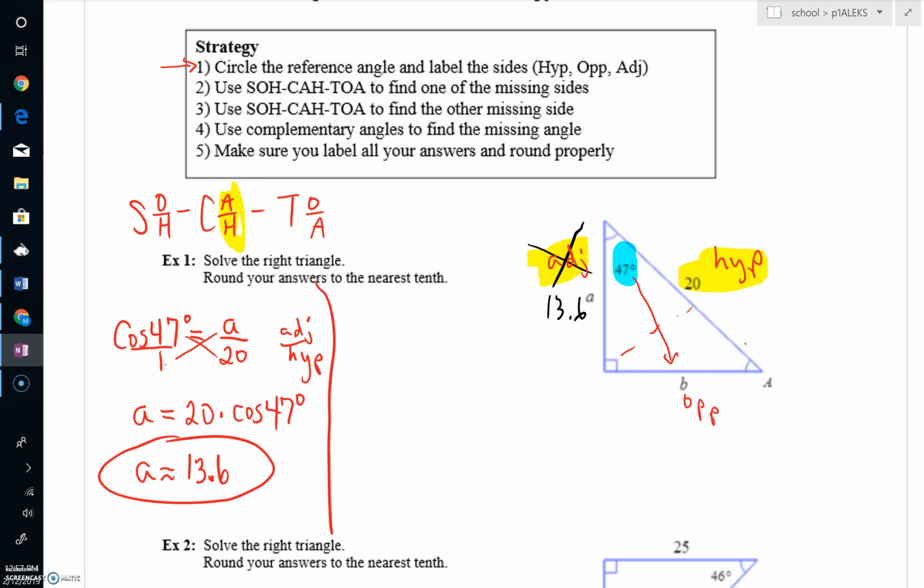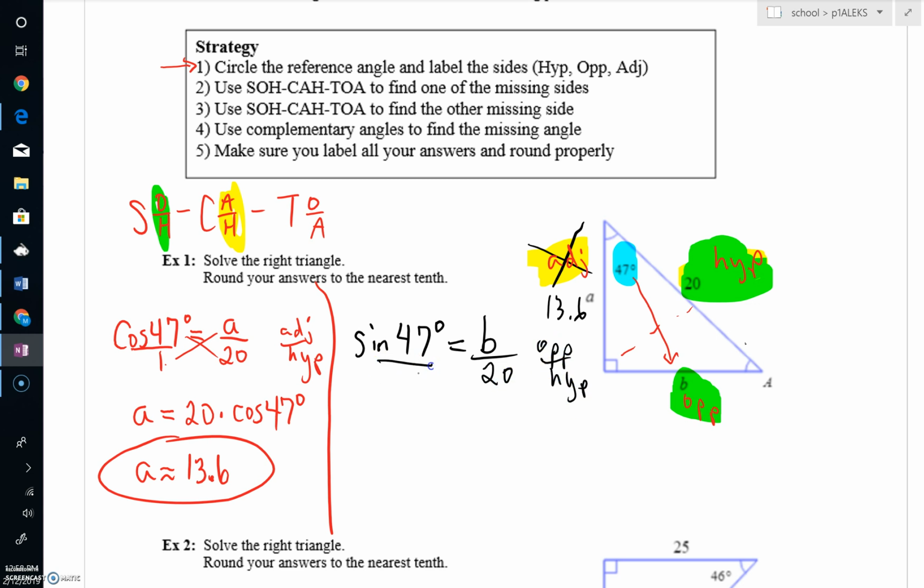Now I'd like for us to come back and find the other side, the opposite side, B. And if we're working with this other side right here and the hypotenuse, we have O and we have H. Well, O and H are right here. That's for sine. We can say the sine of 47 is going to equal, well, what do we see? It's going to be opposite, B, all over your hypotenuse, which is 20.